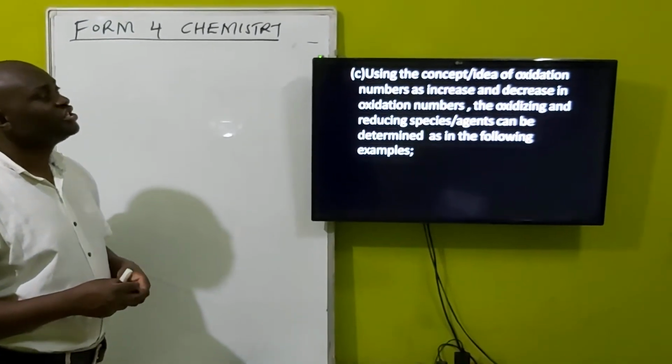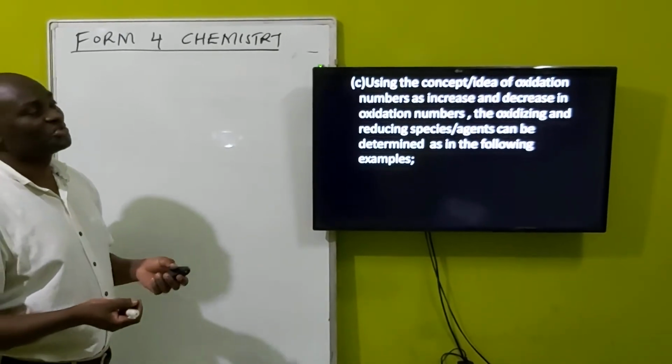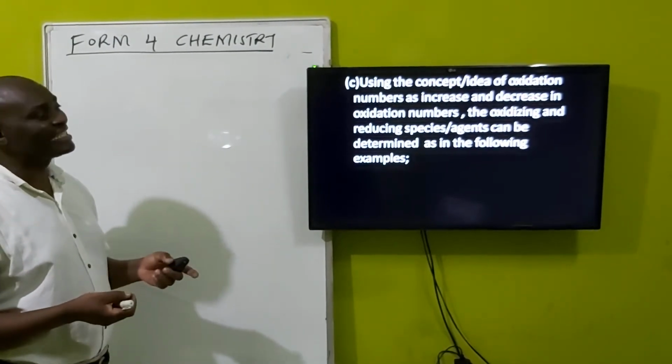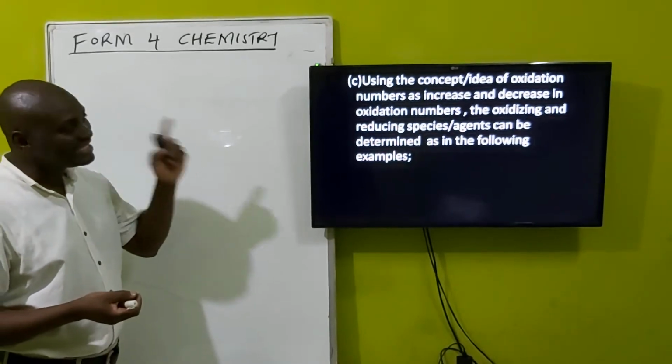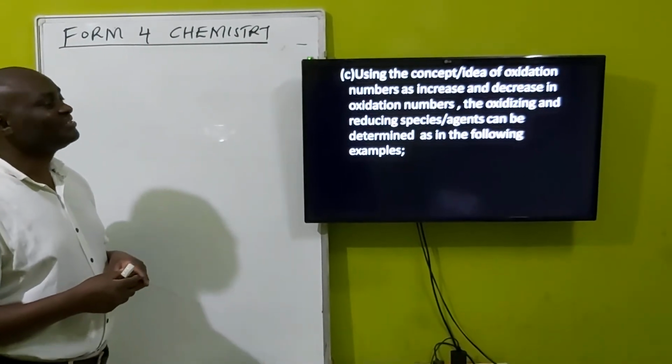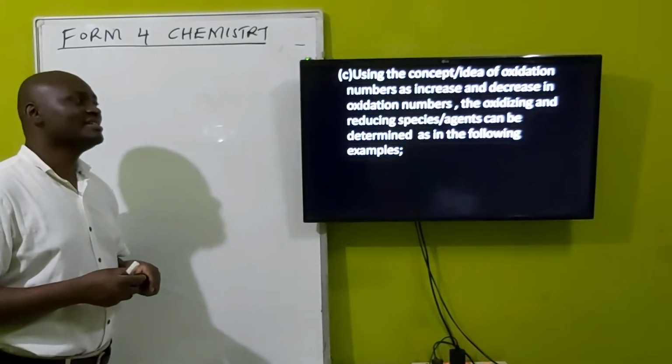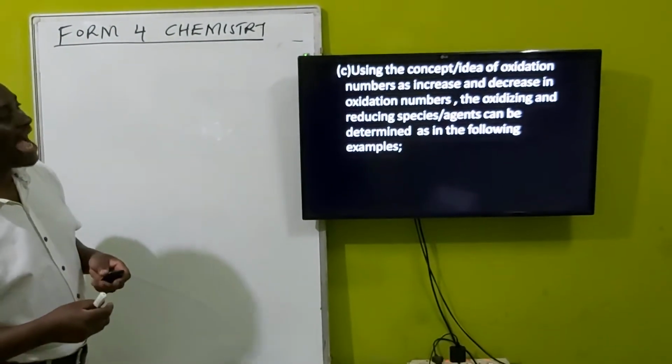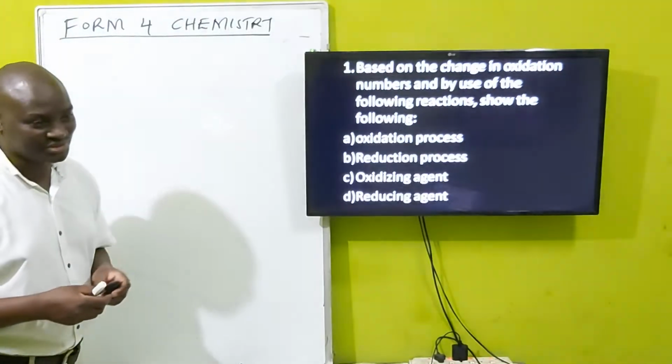In our first example, we are told, using the concept of oxidation numbers as increase and decrease in oxidation numbers, the oxidizing and reducing species or agent can be determined as in the following examples.